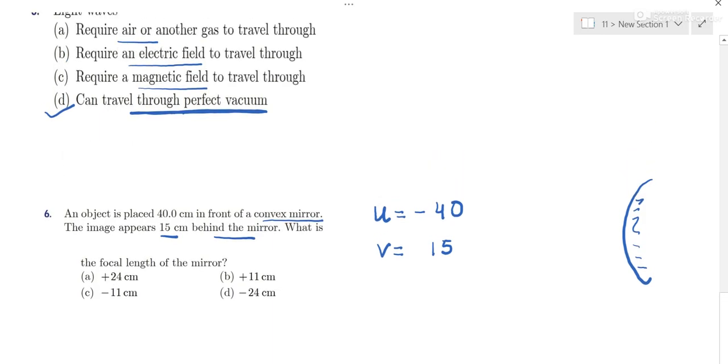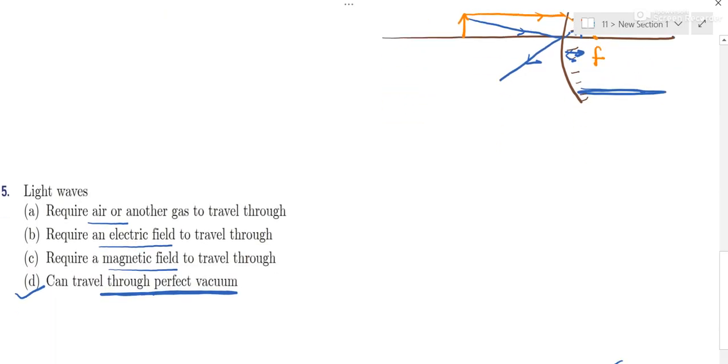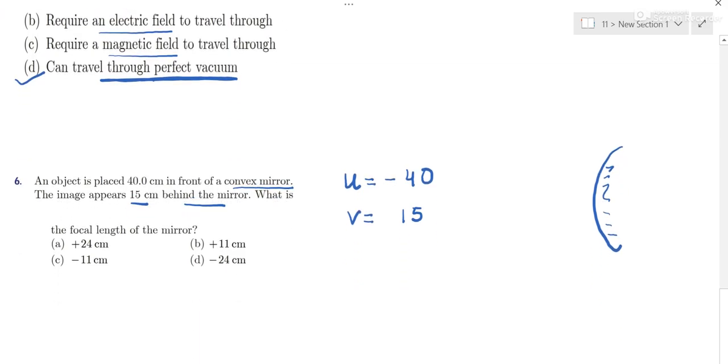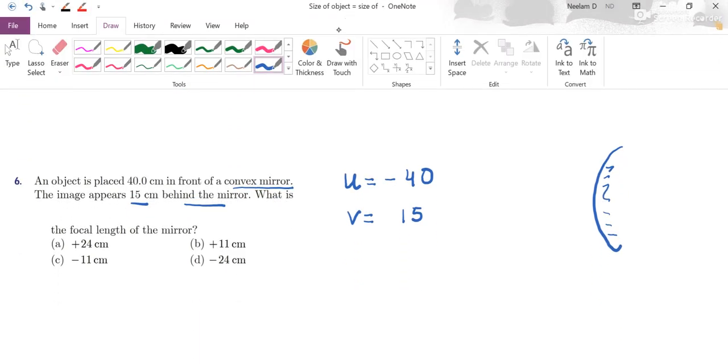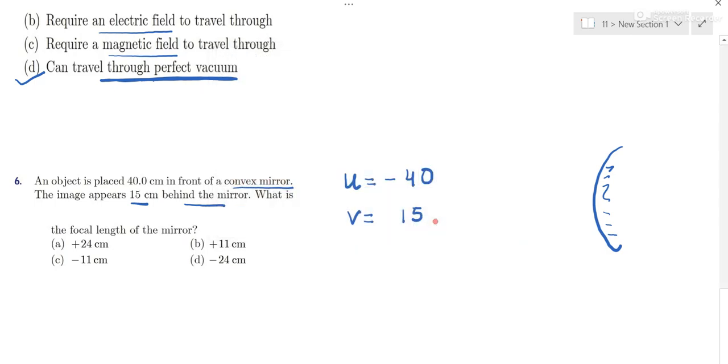So you can see behind the mirror. Okay, behind the mirror, this axis is positive. In the direction of incident ray is positive. So it's positive. What is the focal length?